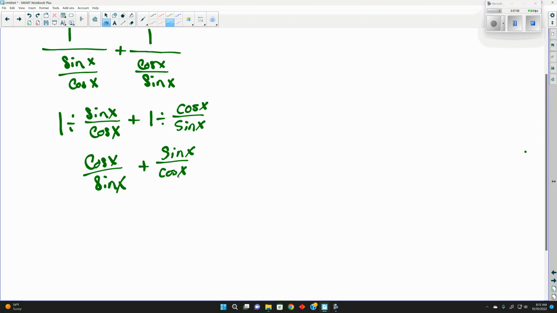Well, cosine over sine is cotangent of x plus tangent of x, which is just tangent of x plus cotangent of x like we wanted, yes?